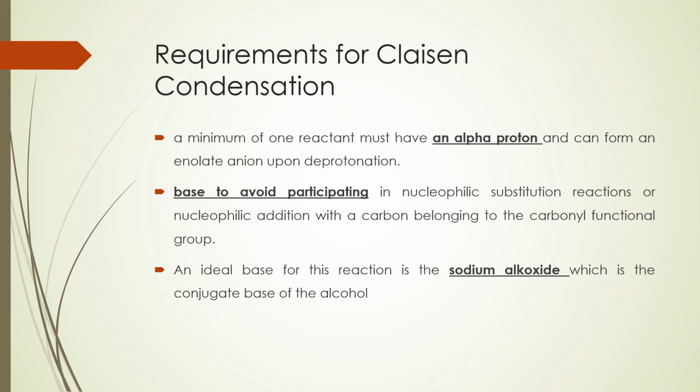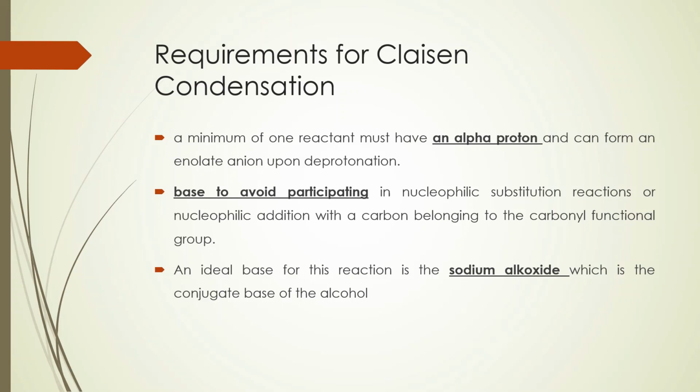The second requirement is we have to avoid a base which will participate in a nucleophilic substitution reaction or nucleophilic addition reaction with a carbon belonging to the carbonyl functional group. Therefore, we need to choose the base very carefully for this Claisen condensation.